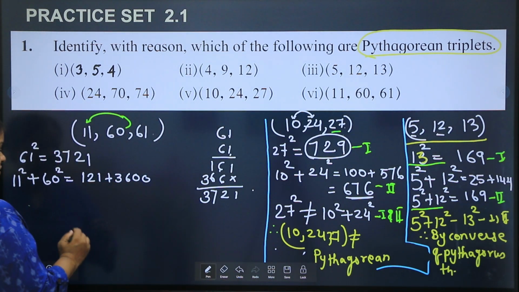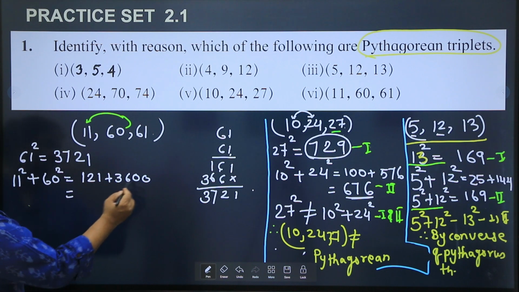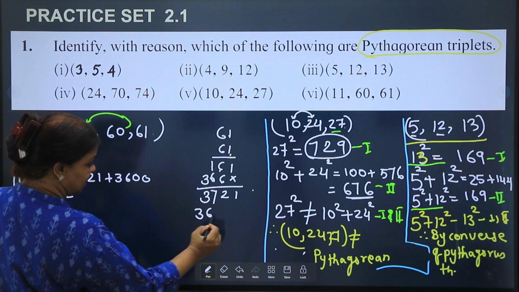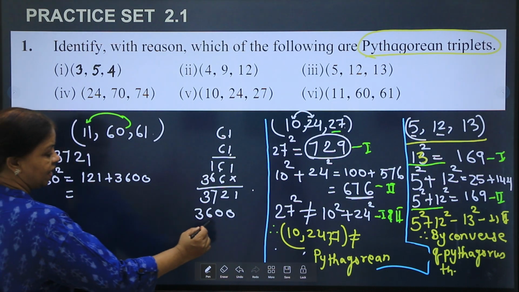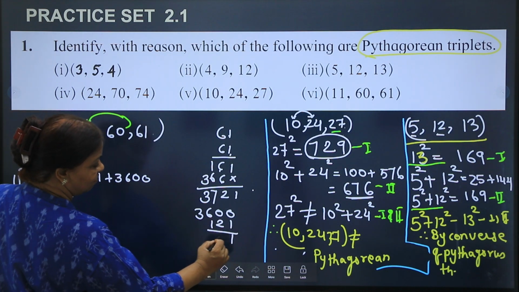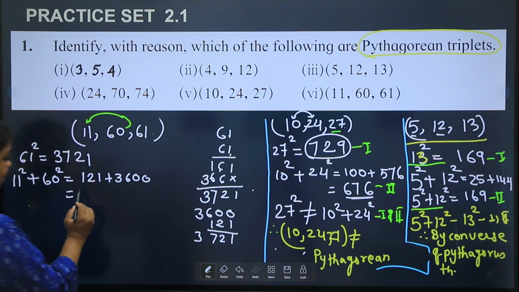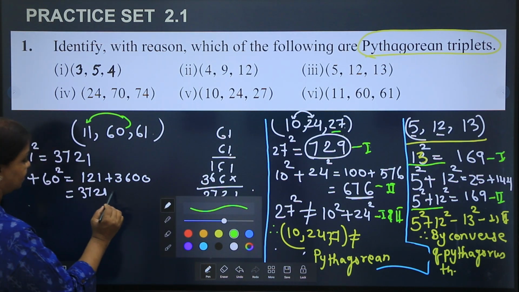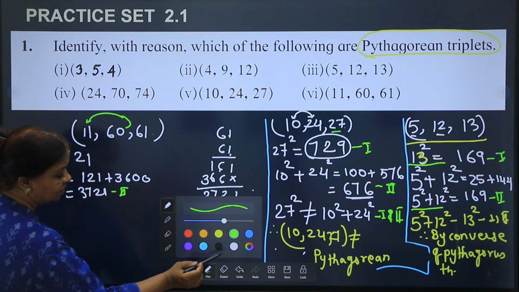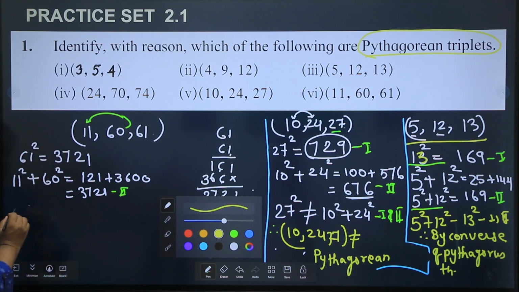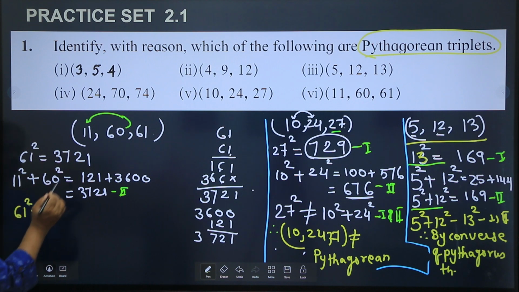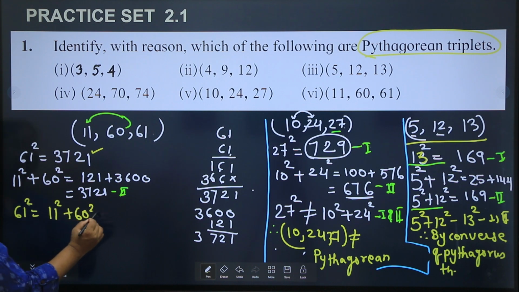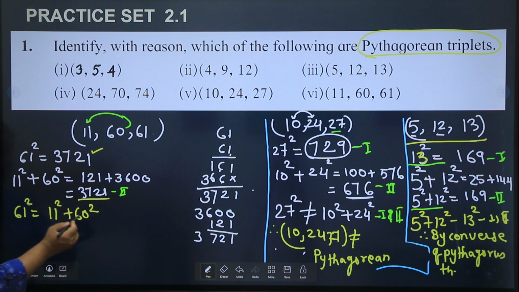If I add up 3600 with 121, I'll get 3721. So what am I getting? From the second statement, the value of 61 square is 3721, and the value of 11 square plus 60 square is also 3721. Therefore they are both equal.